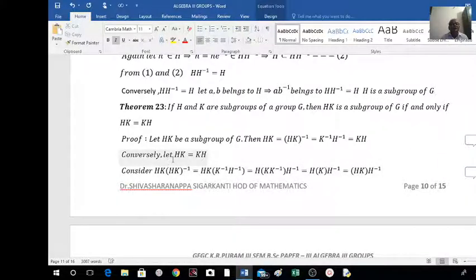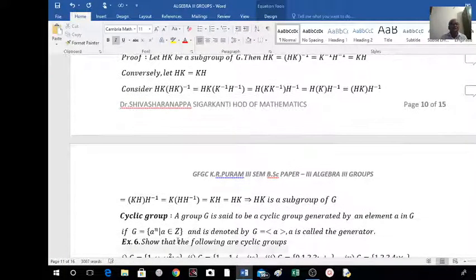Here my hypothesis is HK equal to KH. Therefore I can write this HK as KH. This is equal to KH into H inverse. Again, by using associative law, I will keep this K outside and write HH inverse here. Again, H is a subgroup, therefore HH inverse is equal to H. This is equal to KH.